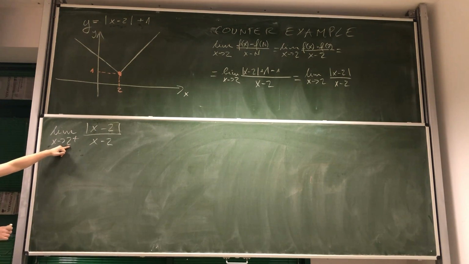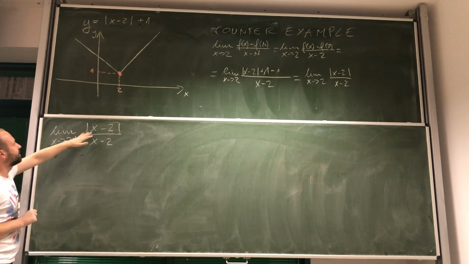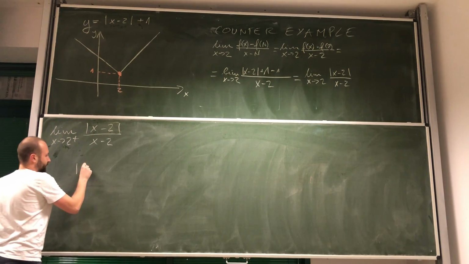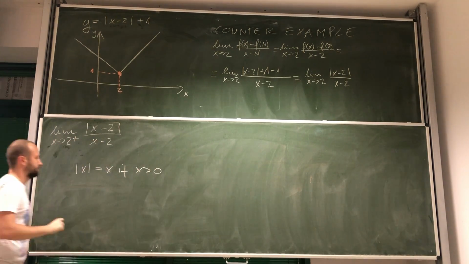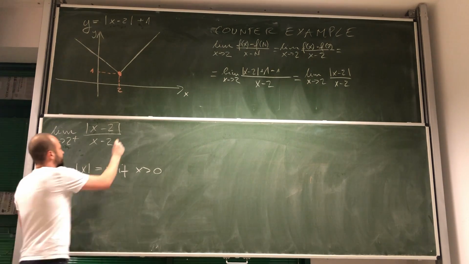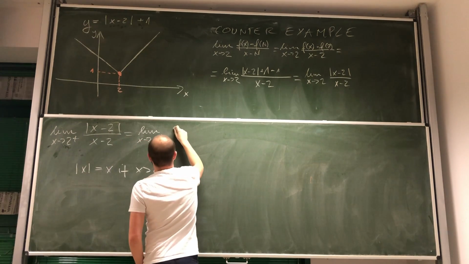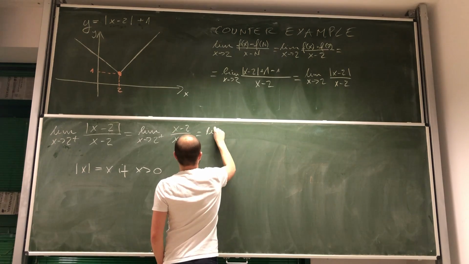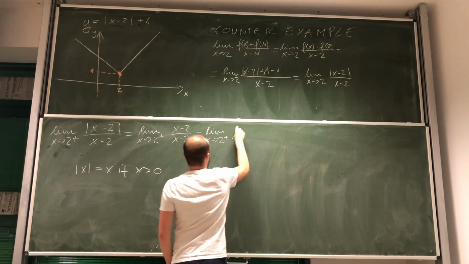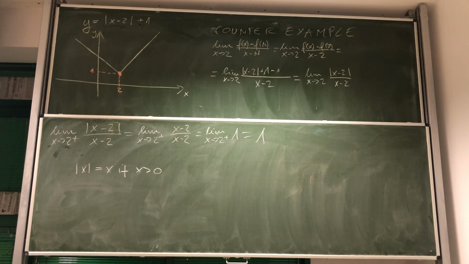Because it's going to be bigger than 2 by just a tiny amount, but it's going to be bigger. And look, the absolute value of x is equal to x if x is bigger than 0, right? So how can I rewrite this expression? I can rewrite it as the limit with x approaching 2 from the right-hand side of x minus 2 over x minus 2. This is the limit with x approaching 2 of 1. This must be 1, right? And this is exactly what we said before. This is 1. Makes sense.